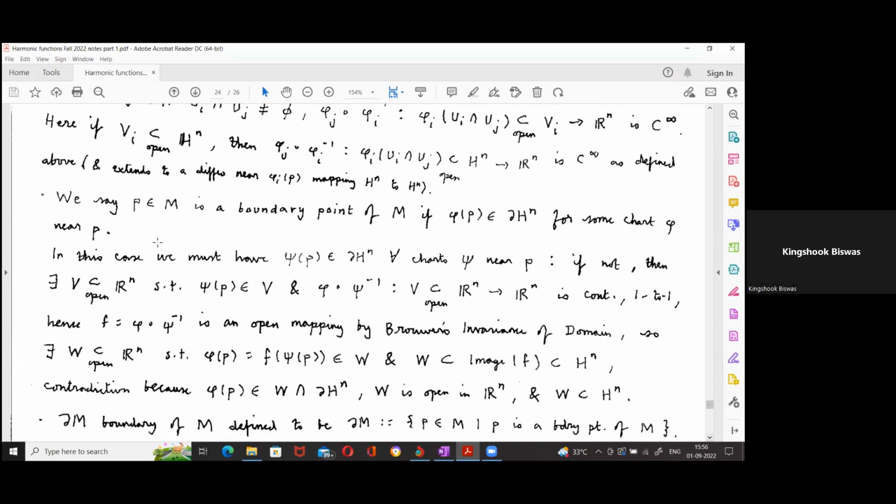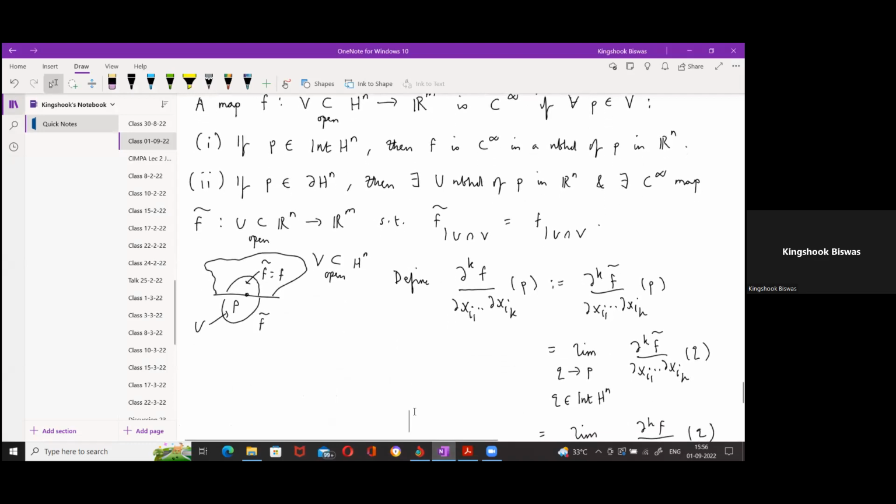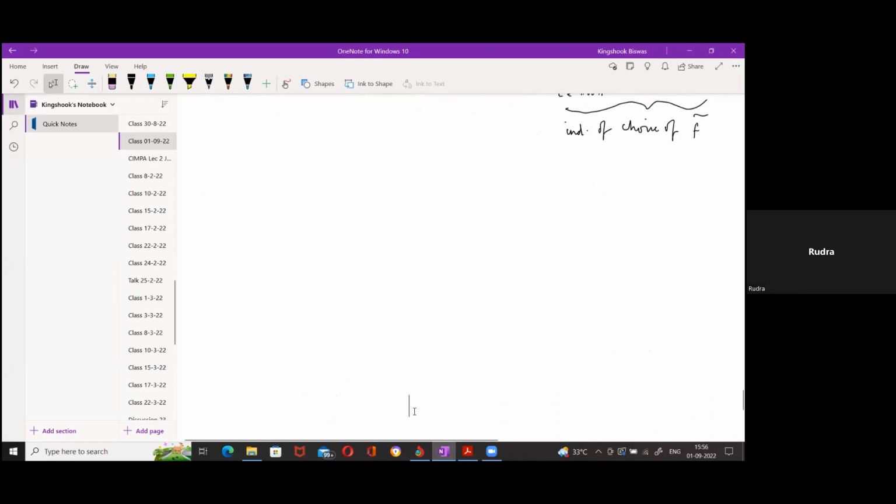Okay. So now we say that P, a point of M, is a boundary point of M if phi of P belongs to the boundary of Hn for some chart phi near P. Okay, so M is a manifold with boundary.